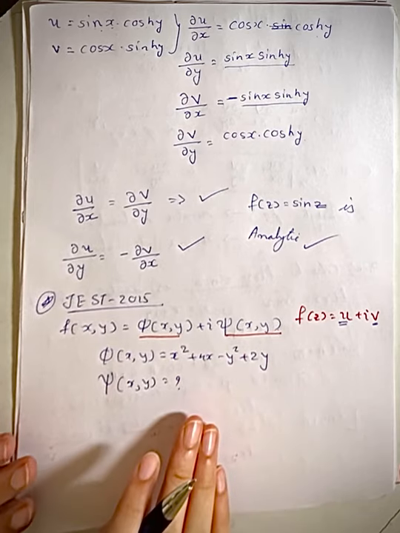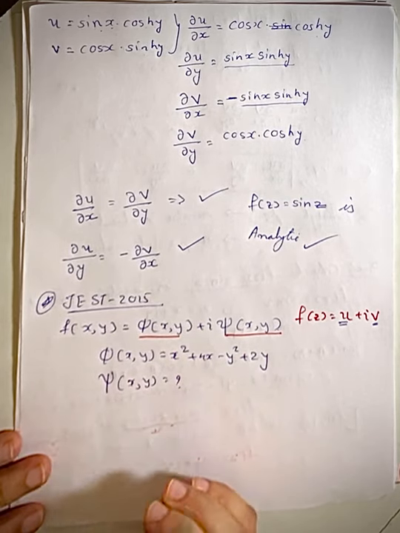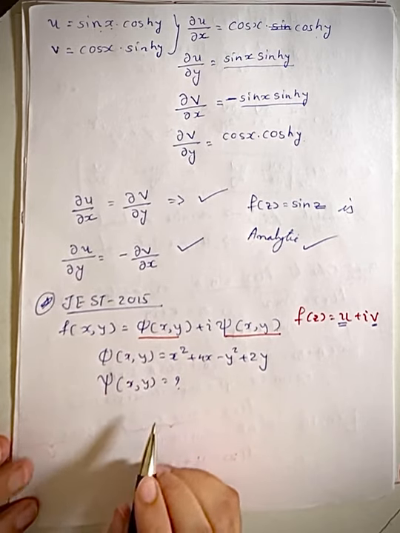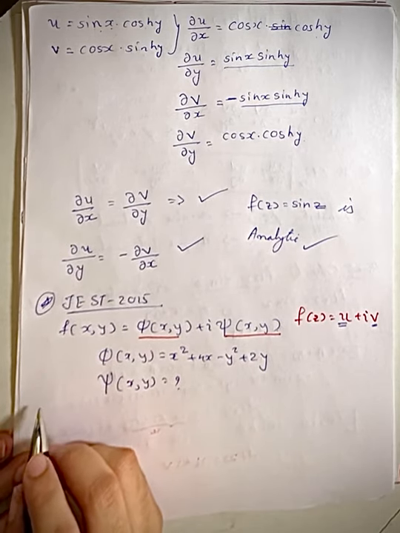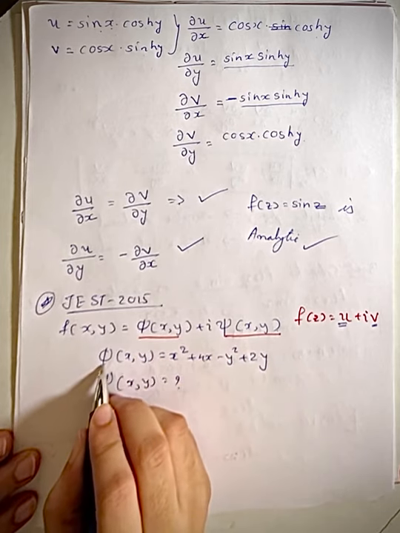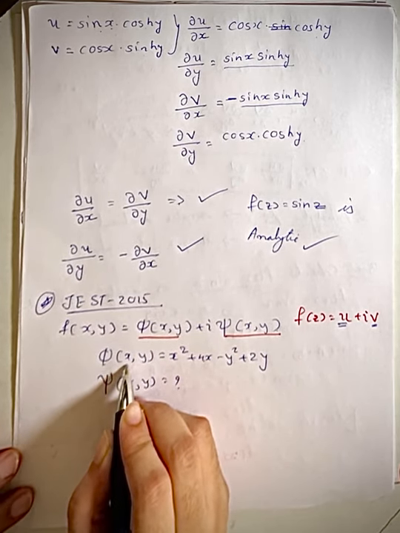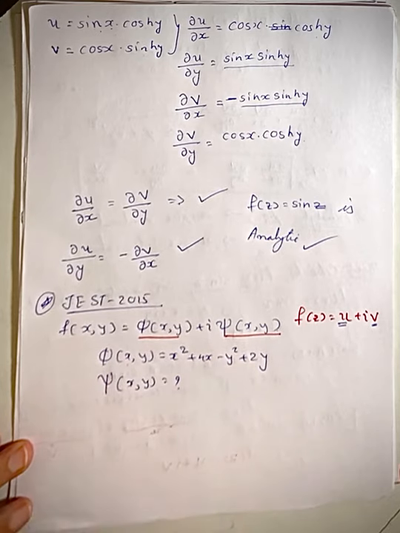Okay, so we will find the psi xy function by using CR equations. To do that, let's first find the partial derivative of phi with respect to x and y.